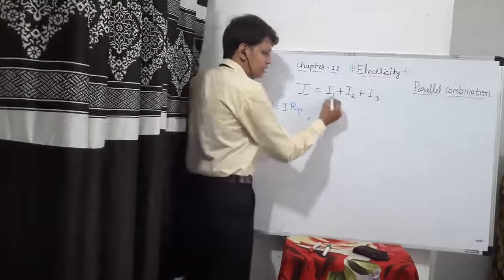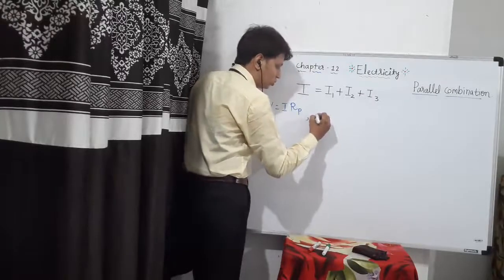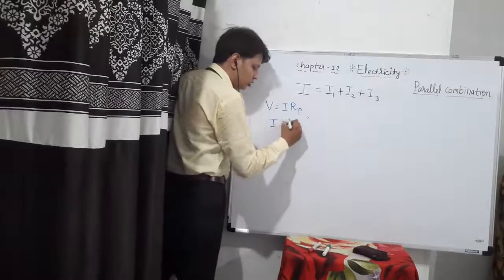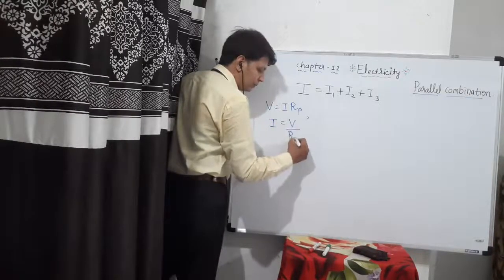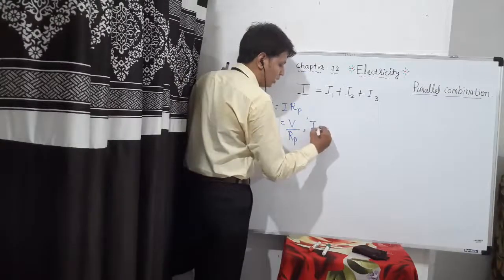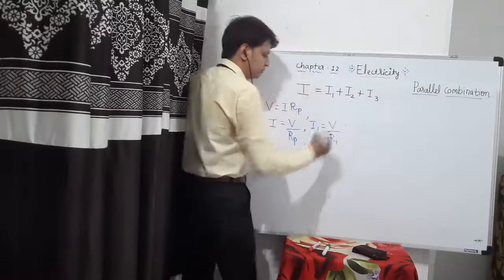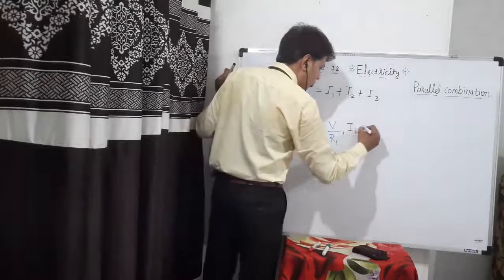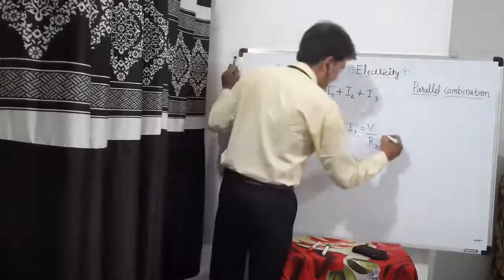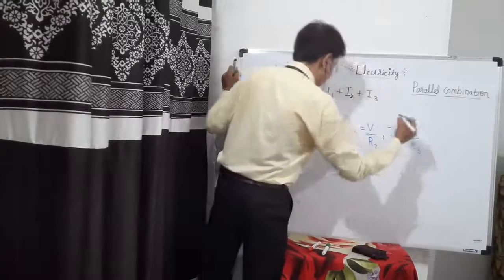Now I can distribute this equation: I is equal to V upon Rp. Likewise, I1 will be equal to V by R1, I2 will be equal to V by R2, and I3 will be equal to V by R3.